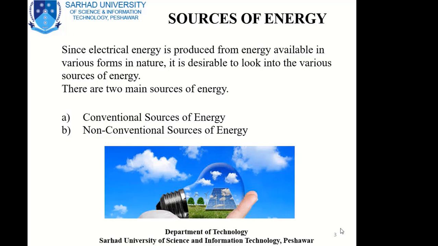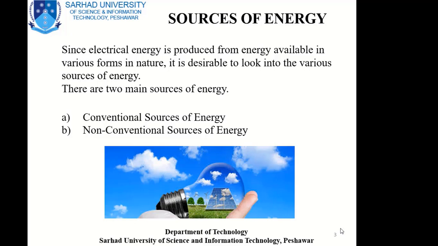It provides us with light, and we use it to heat and cool our houses and offices, to cook our food, to transport people and goods, etc. These are all applications of energy. So that's why it is necessary to understand the sources of energy, and it is desirable to look into the various sources of energy.